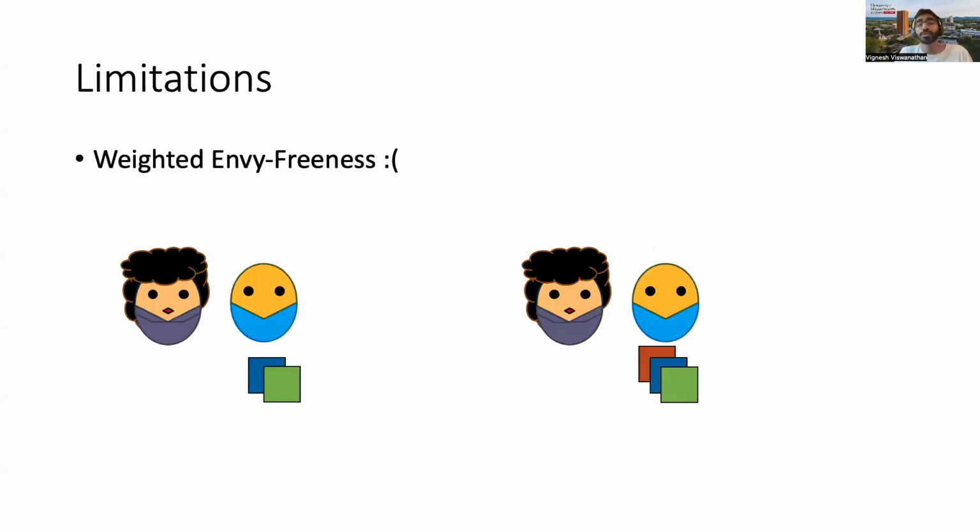Now, of course, I've been going on and on about how many different justice criteria can be computed using our algorithm. I should also highlight that it doesn't work for every justice criteria there is. For example, a very popular notion of fairness is that of envy freeness, and specifically, our algorithm cannot be used to compute weighted envy free allocations.